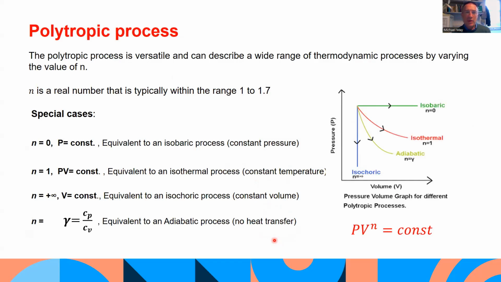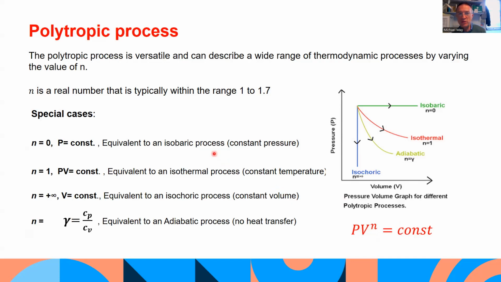The polytropic process that we've just done is versatile and can describe a wide range of thermodynamic processes by varying the value of n. n is a real number that's typically within the range of 1 to 1.7. For example, if we let n equal 0, then V to the power of 0 is 1, so P equals constant.